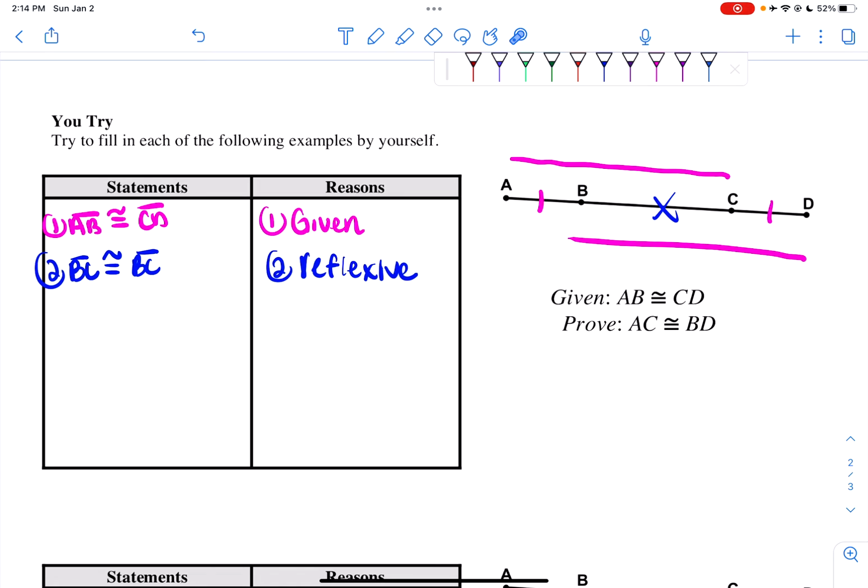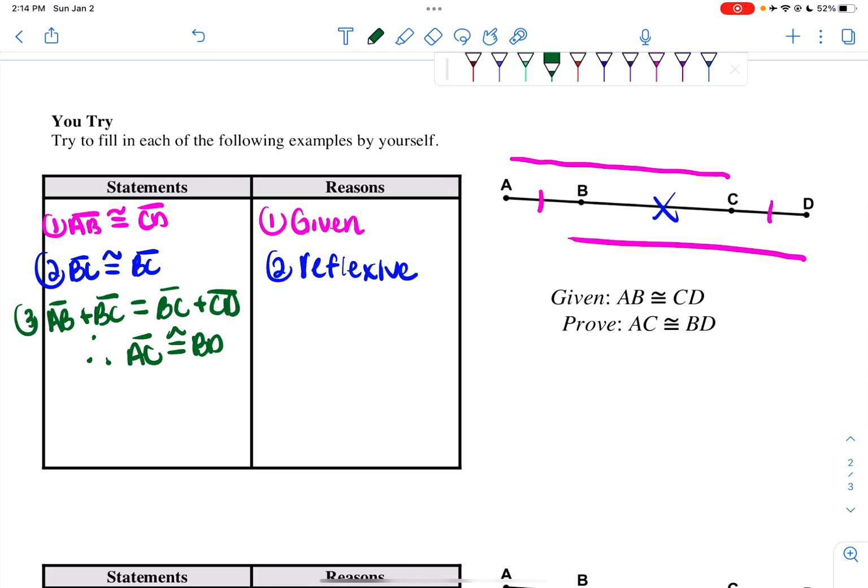So our final step would be AB plus BC equals BC plus CD. Therefore, I can say AC congruent to BD. And our reasoning would be addition.